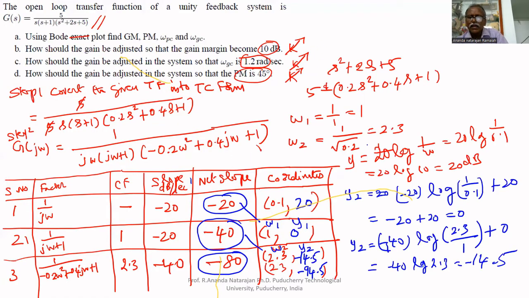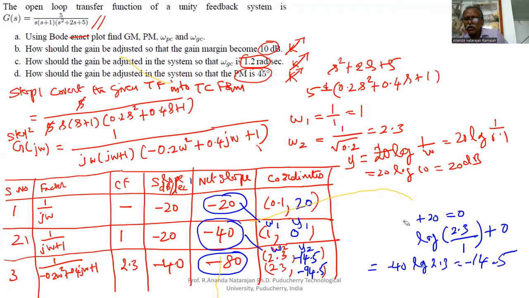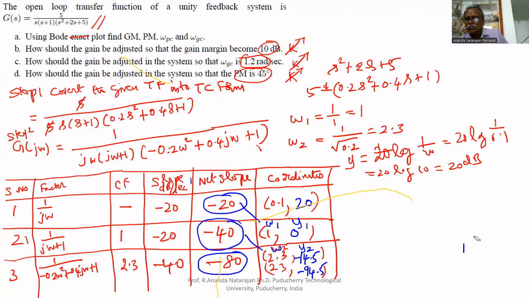phase angle. For that, we have to write the expression for angle of G of J omega.